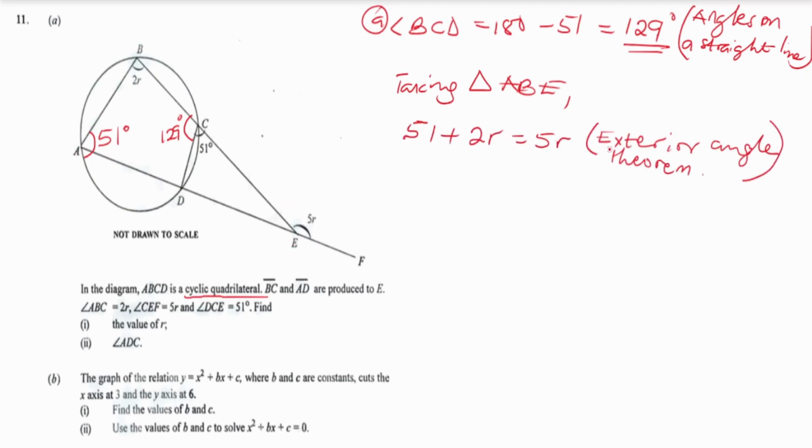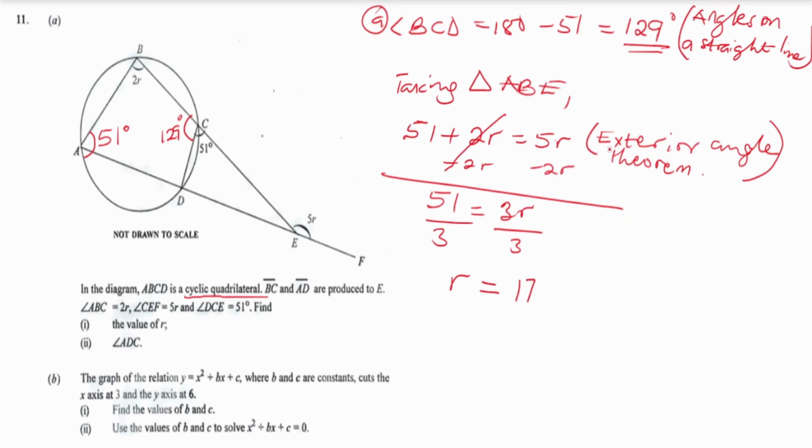Subtracting 2r from both sides, we are going to have 51 equal to 5r minus 2r, which is 3r. Dividing both sides by 3, r will be equal to 17, or 17 degrees, because the angle has no degree sign aside to it.